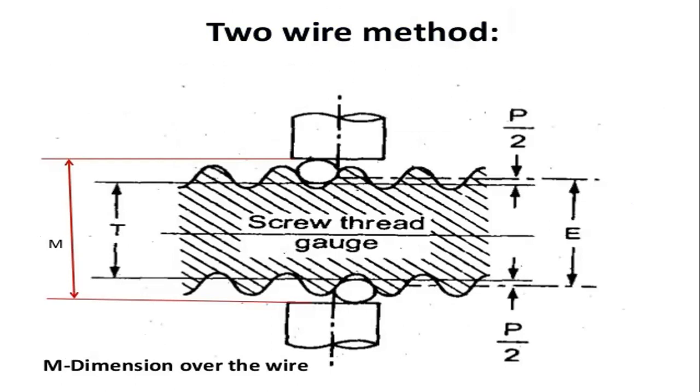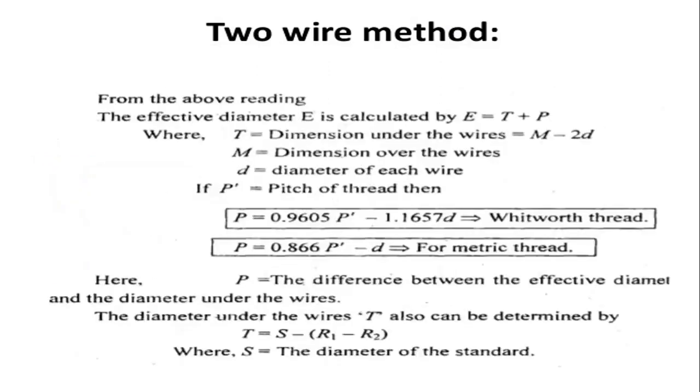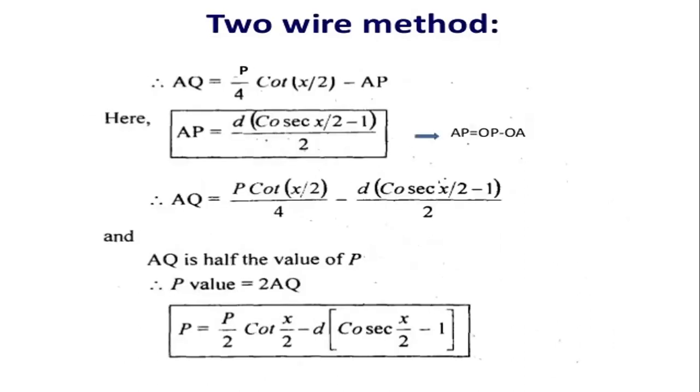Their pitch is taken as P by 2 in both conditions, and we have to determine the two sections of the diameters, D1 and D2. We have to take both conditions there. So that is the two-wire method, and the formula has been taken like this.